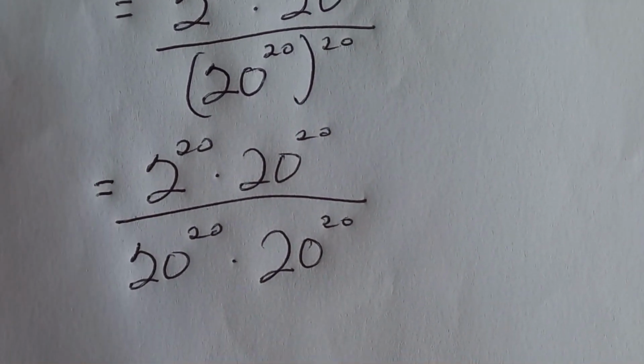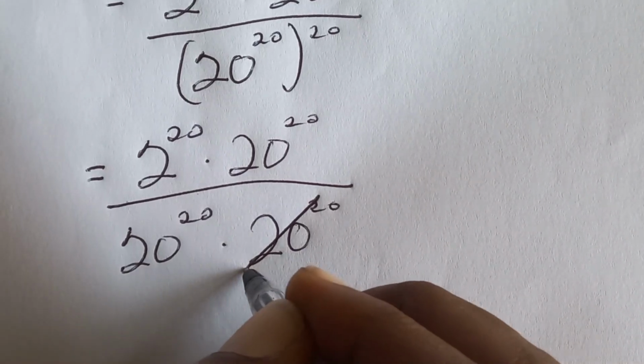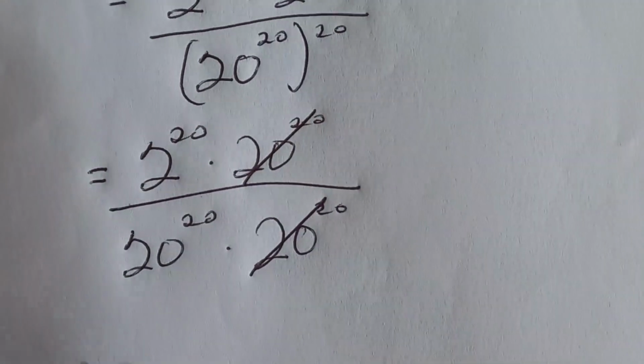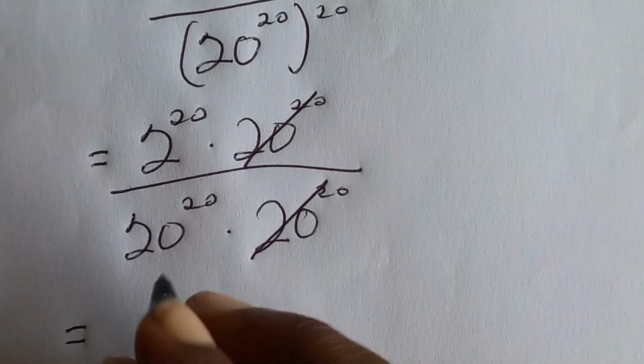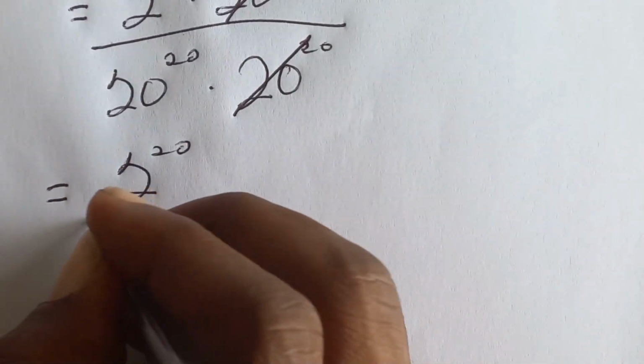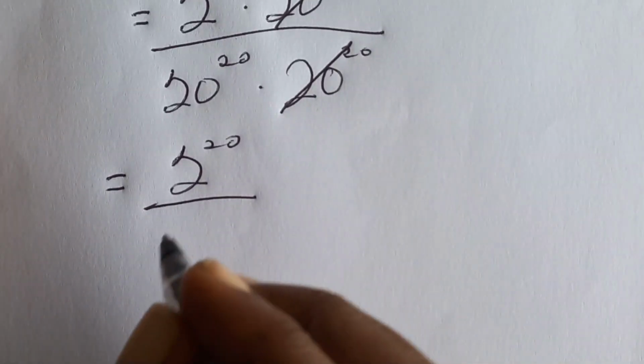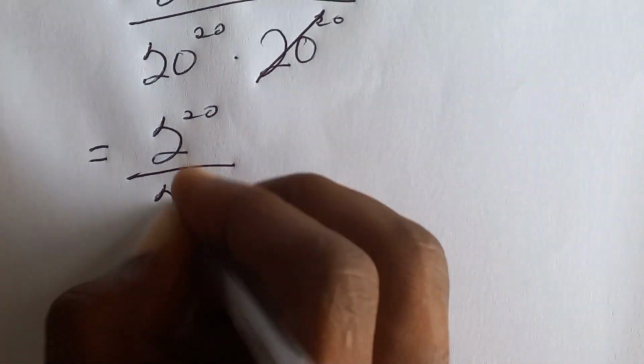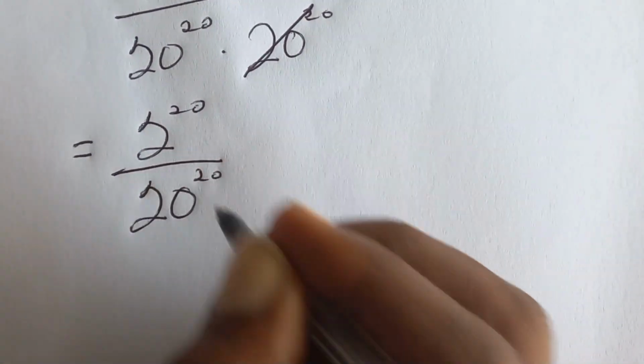Okay, so you can see that this 20 exponent 20 can cancel this out, leaving 2 exponent 20 over 20 exponent 20.